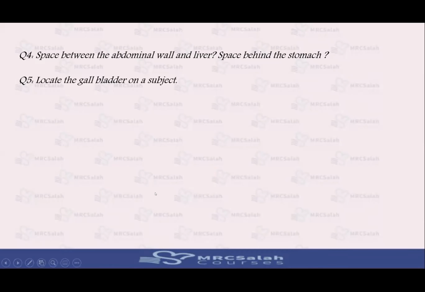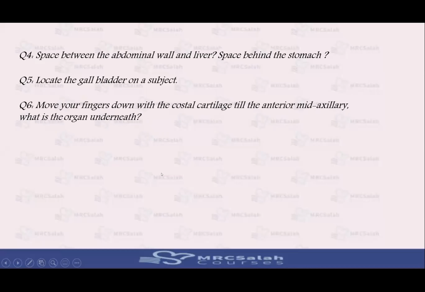Okay, so it's the angle between the ninth costal cartilage and the lateral margin of the rectus sheath. Okay, moving your finger down along the costal cartilage till the anterior mid-axillary line, what's the organ underneath? Liver. Okay.